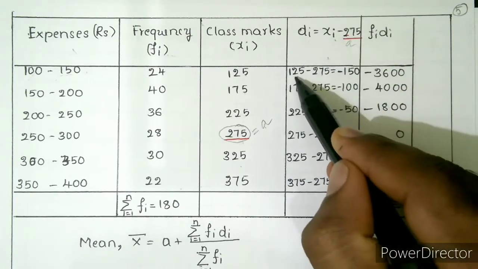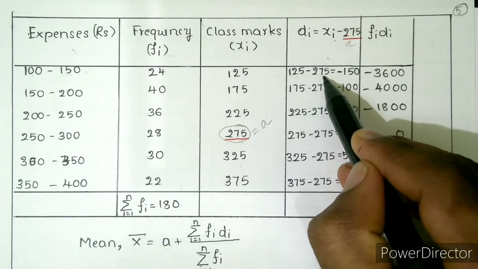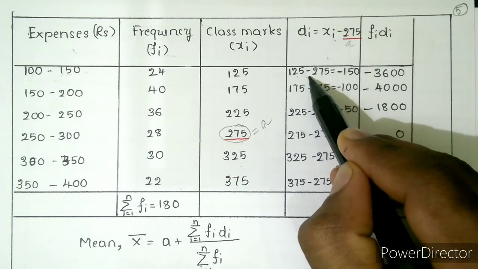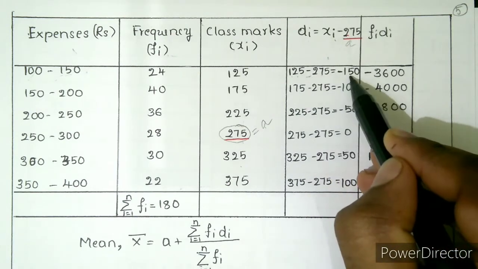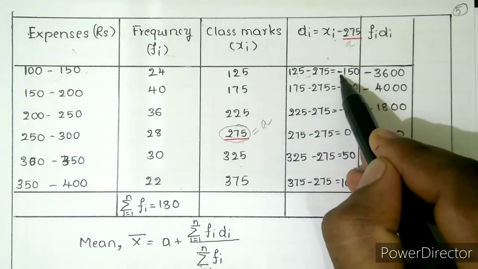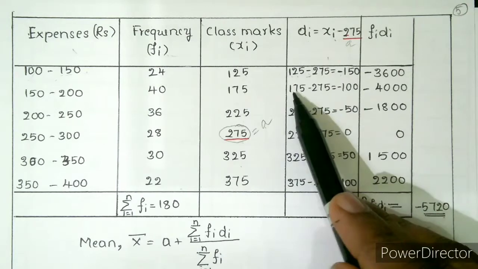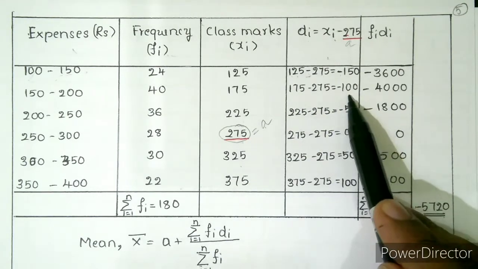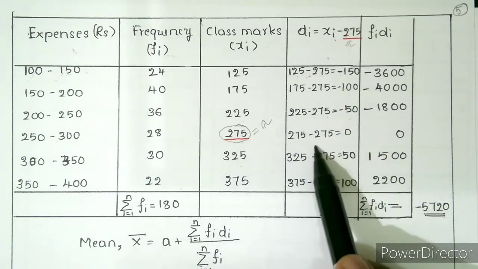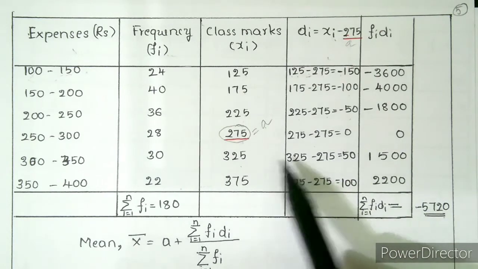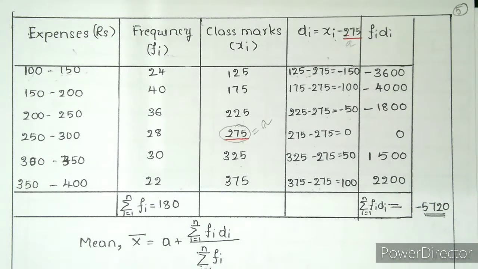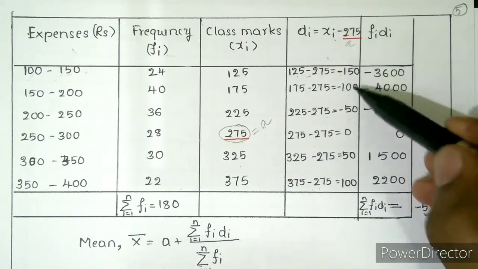So xi minus a: 125 minus 275, you get minus 150, since the larger value's sign is negative. 275 minus 125 is 150, and the larger value's sign is negative, so you put the negative here. 175 minus 275 you get minus 100. 225 minus 275 you get minus 50. 275 minus 275 you get 0, 325 minus 275 you get 50, and 375 minus 275 equal to 100. So these are the di values.